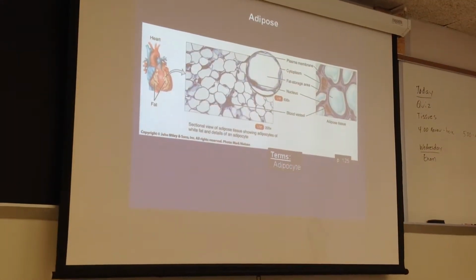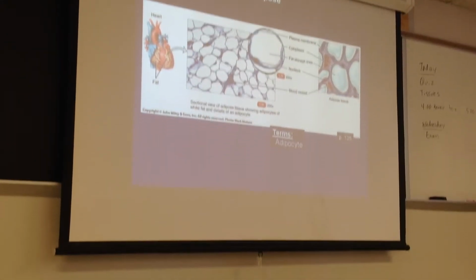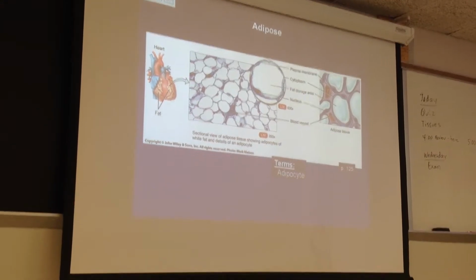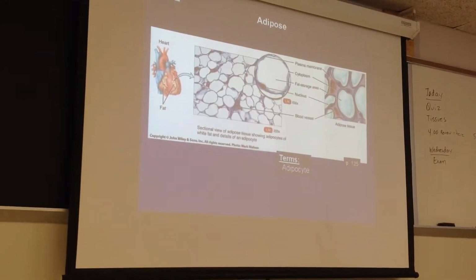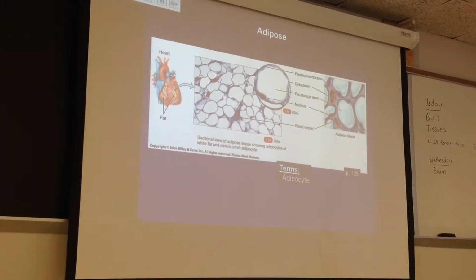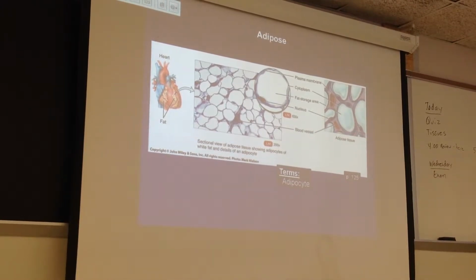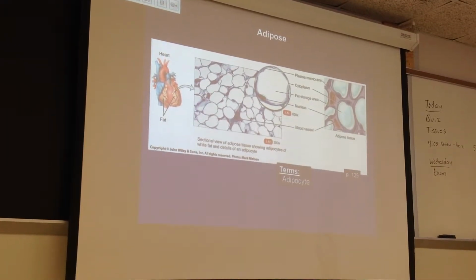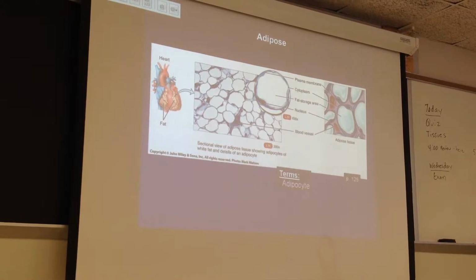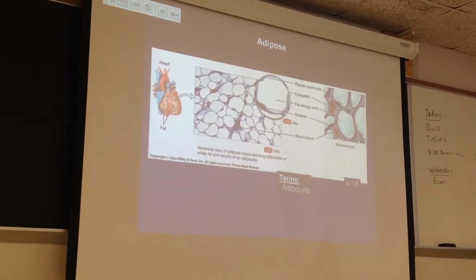Another widespread tissue that's kind of into this general loose category is adipose tissue. This one doesn't have a lot of fibers, just like the last one, kind of widely scattered. But it's a little bit atypical for most connective tissues because here there's not a whole lot of matrix.